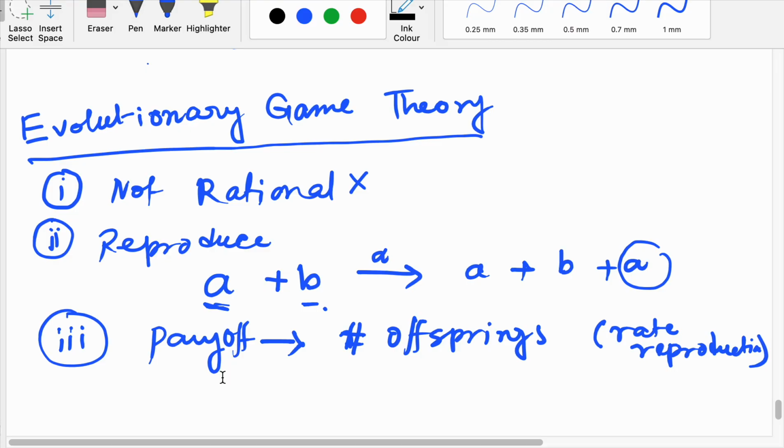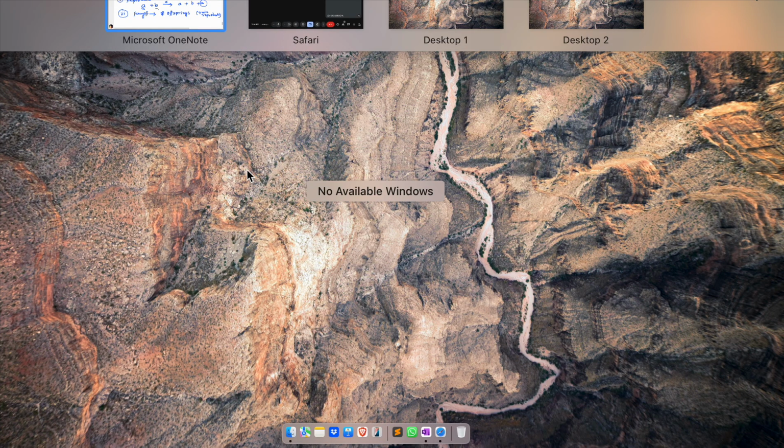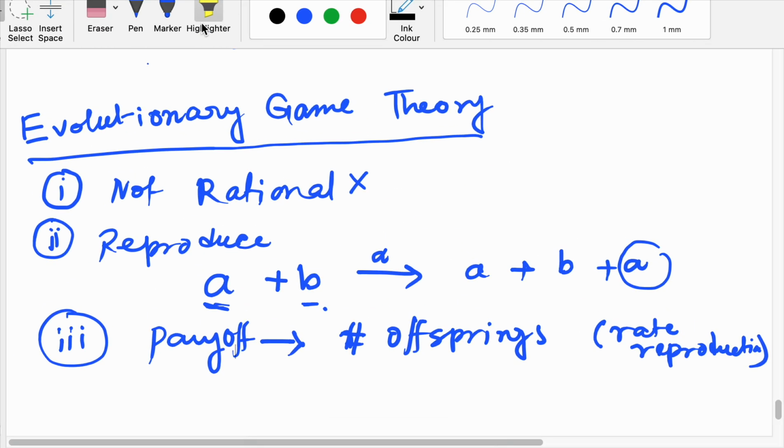This is the main difference here. Is it clear? Yes. Okay. So now this is evolutionary game theory, and we will go step by step.